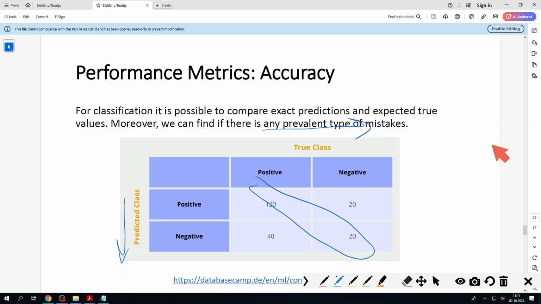And then we can have two cases when it's making an error. Either it is making a false negative, when in truth it was positive but it predicted negative, or it is making a false positive, when in truth it was negative but was predicted as positive, yes? So these are the kinds of errors. And the benefit of the confusion matrix is that it shows you all of this information.